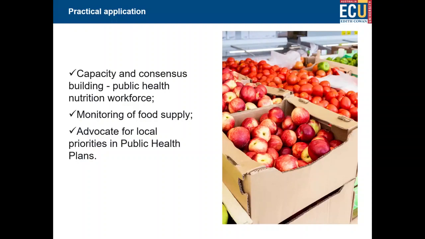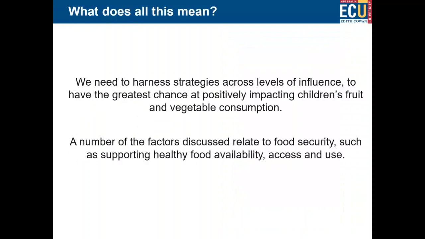Monitoring of the food supply in terms of availability, affordability, quality, those sorts of markers to help us understand what's going on in different areas and regions, where there are issues that we need to work together to try to resolve, and then advocating for local priorities in public health plans that local governments are compiling.